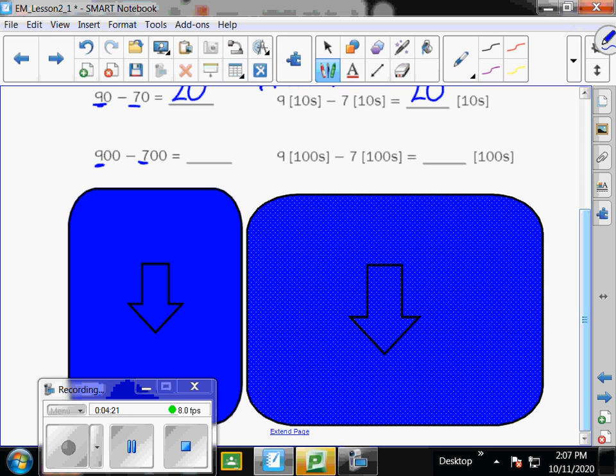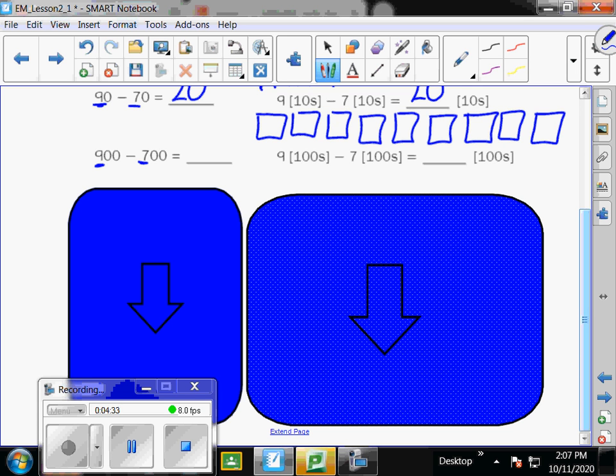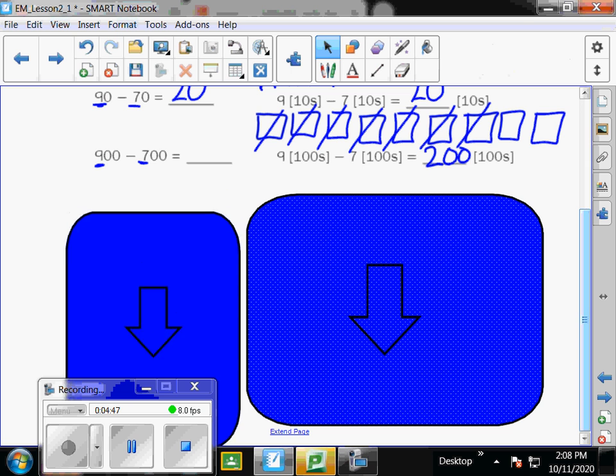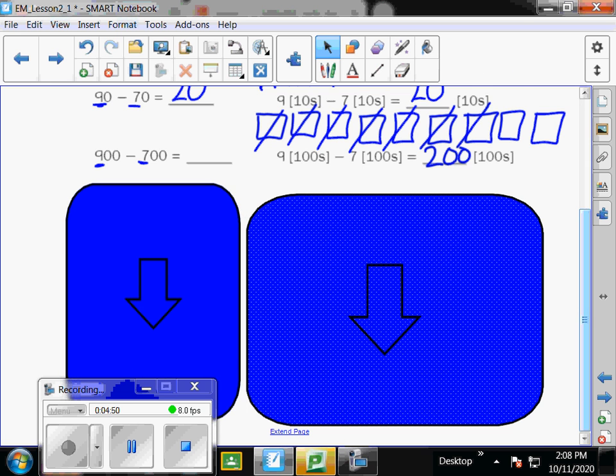So when we're drawing that out in base 10 blocks, now I have 9 hundreds: 100, 200, 300, 400, 500, 600, 700, 800, 900, and I am subtracting 7 hundreds: 1, 2, 3, 4, 5, 6, 7. What do I have left? I have 2 left, but 2 what? 2 hundreds. Okay, it just went into the hundreds.